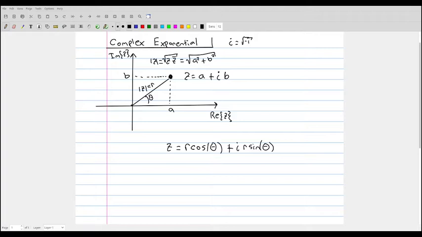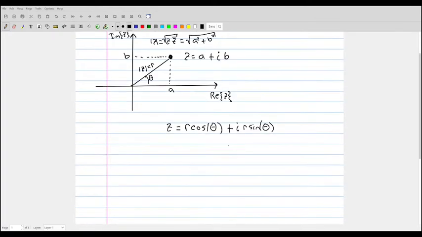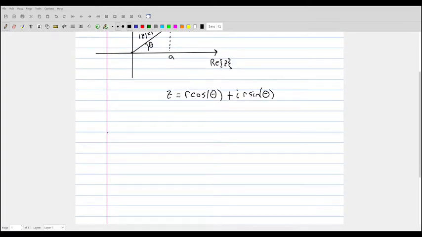Now it turns out that we can even go one step further, and there's a fairly amazing equation and identity that we can get for any complex number called Euler's equation.